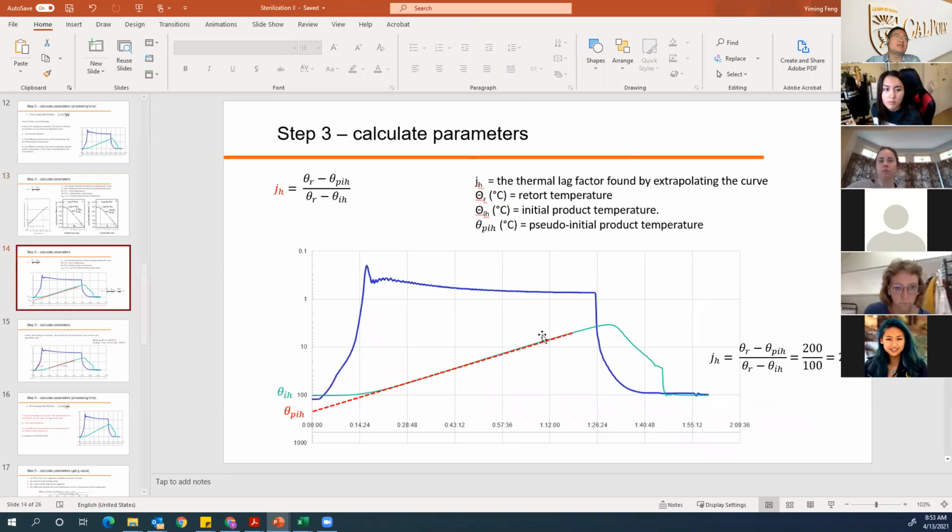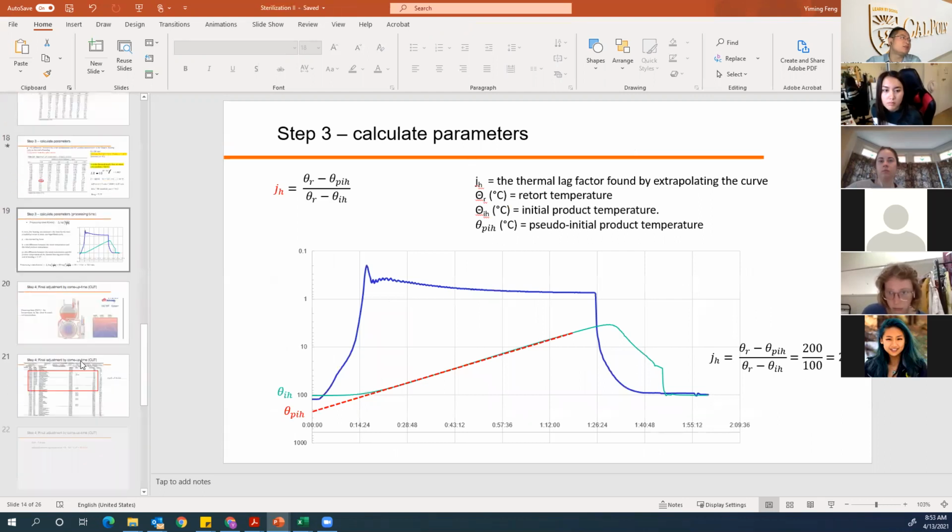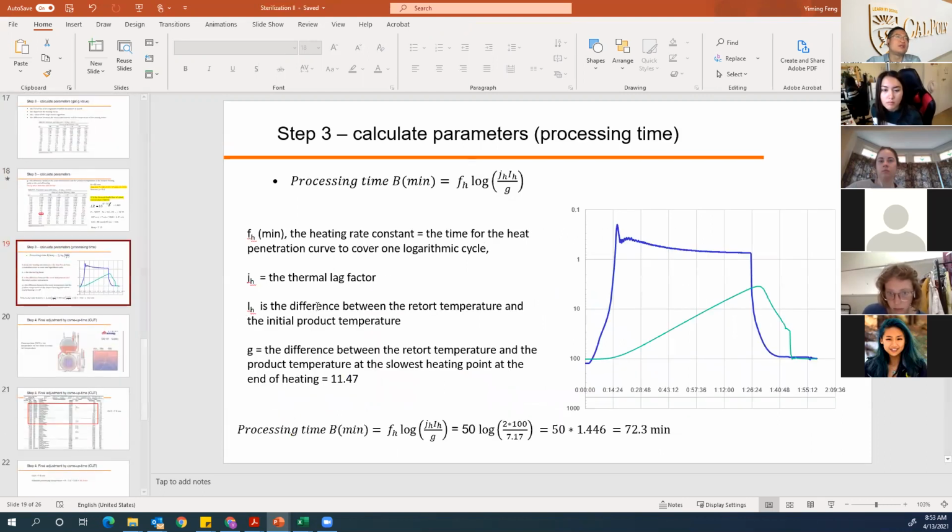But our problem is that if you look at the green curve, our sample was not completely cooled even at the very end of our process. Basically, it's not completely cooled, but we just take it out. So the process is not 100% done.